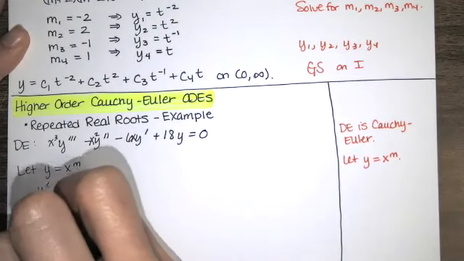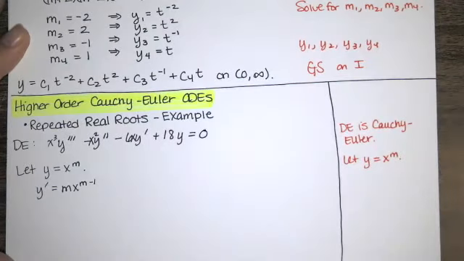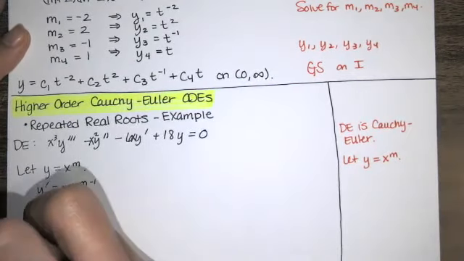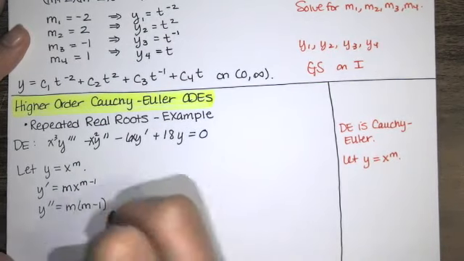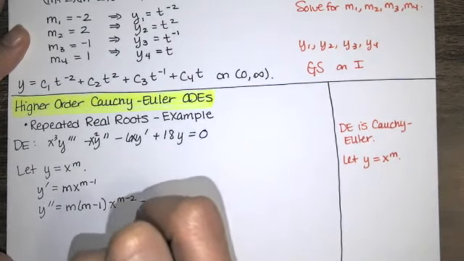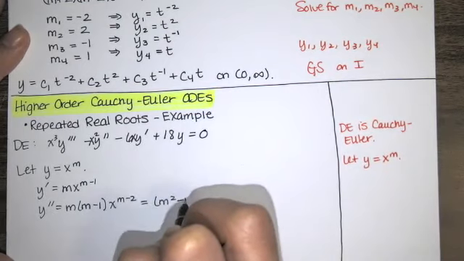Compute the first derivative using the power rule. So bring the power down, multiply by x to the 1 less power. Then here you want to do the same thing again, bring the power down, multiply by x to the 1 less power. If you distribute that m, you get this.